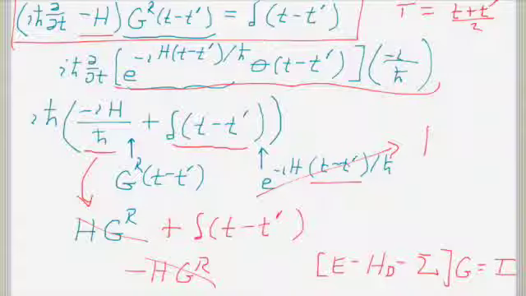And to then go from time to energy, we simply Fourier transform this time difference coordinate. So I'm just going to start anew. To go from time to energy, the Green function we've been working with is a function of energy, G^R of E. We simply have a Fourier transform, minus i over h bar, and we need some kind of convergence factor, so limit as eta goes to 0 plus, integral.